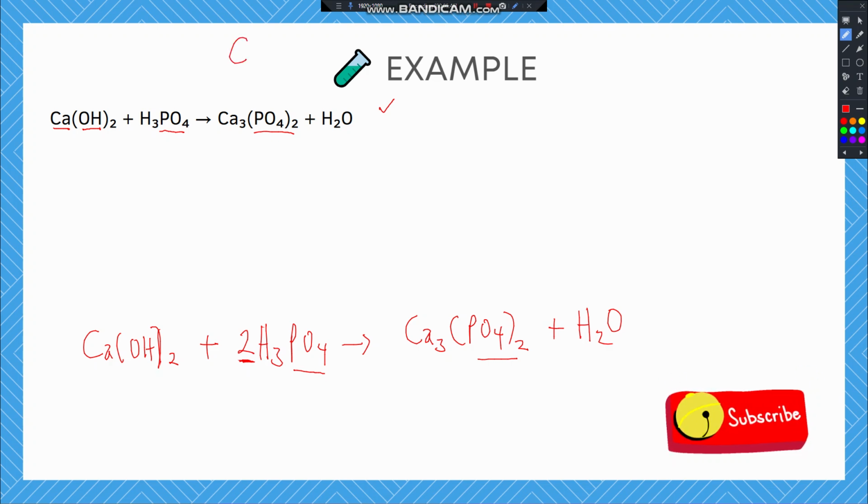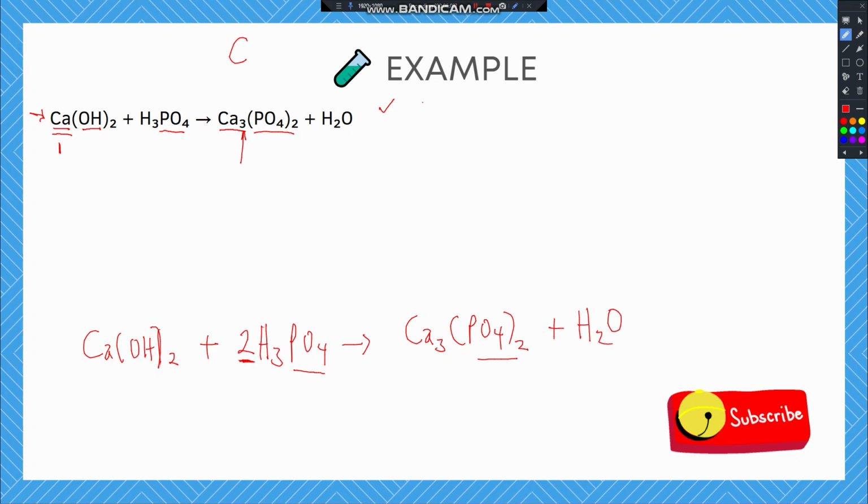All right, so for calcium, we have 3 atoms of calcium on the product side because of this subscript of 3 over here. But for calcium on the left hand side, we have just 1 atom of calcium. So that tells us that we need a coefficient of 3 over here to balance calcium.